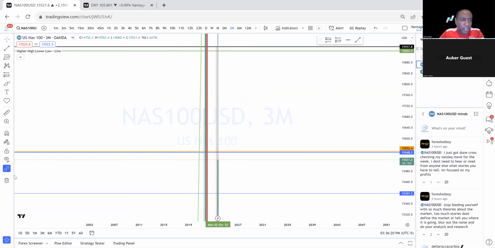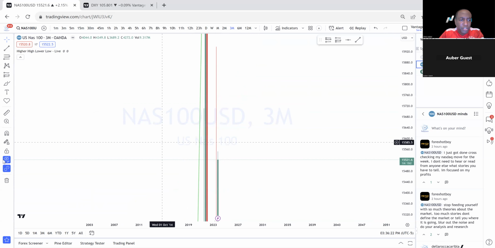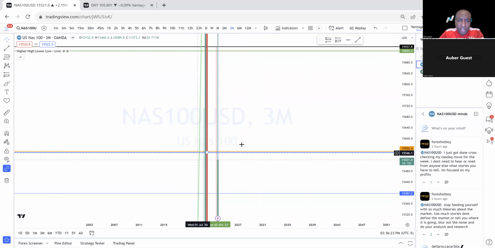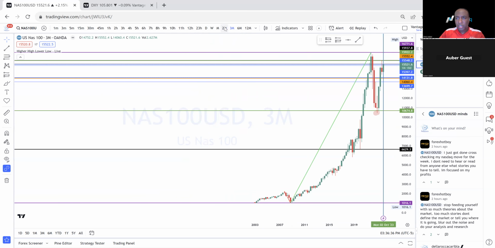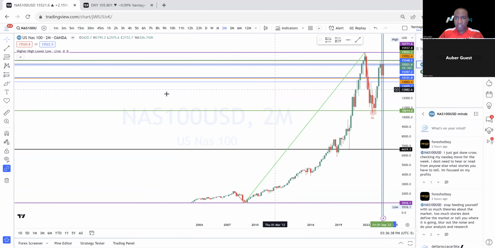If you look right here, you will see that there was the rejection right here. So right in this area where I have my 4-hour and my 1-hour line, you had that rejection which happened on Friday. Okay. But that's only 3 months. Let's go down to the 2 months. Now look at your 2 months.